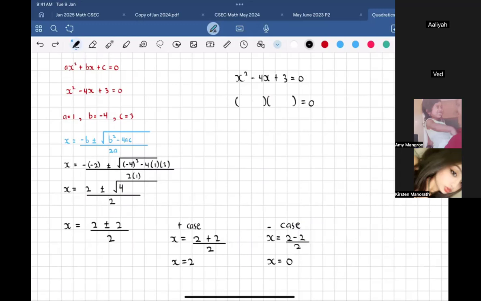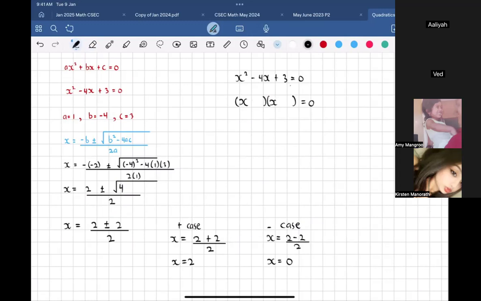X by x. Yes. Anytime you see something being raised to a power, that means you're multiplying that number by itself that amount of times. If I see 5 to the power 3, that means 5 by 5 by 5. So x squared is x by x. You understand? So we're going to write x by x.